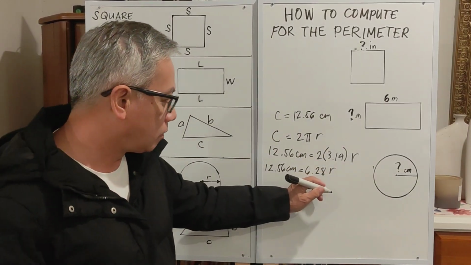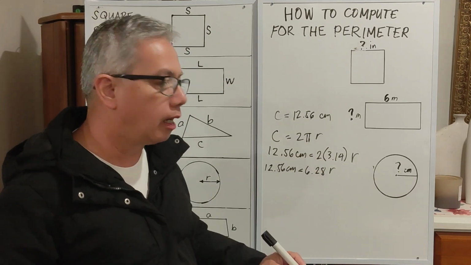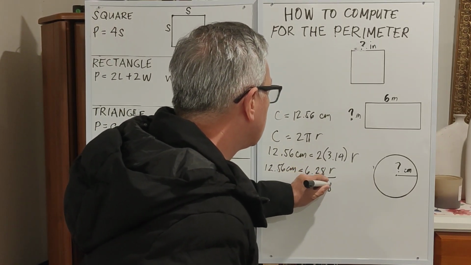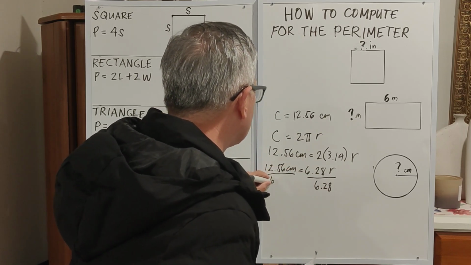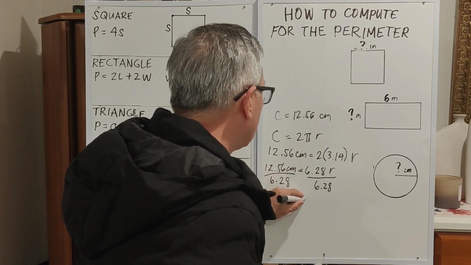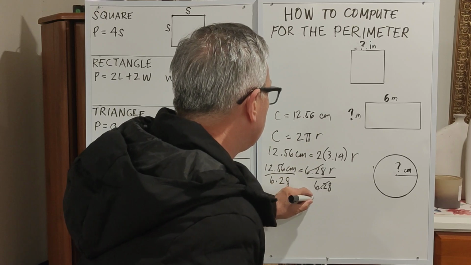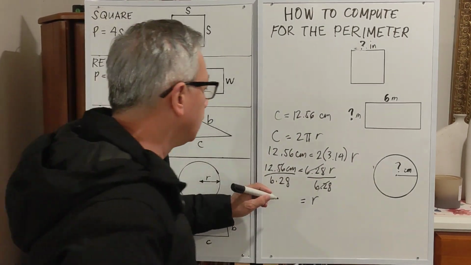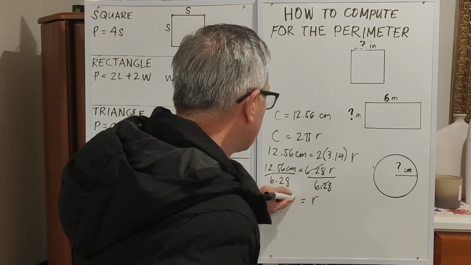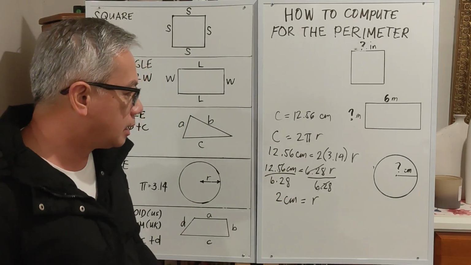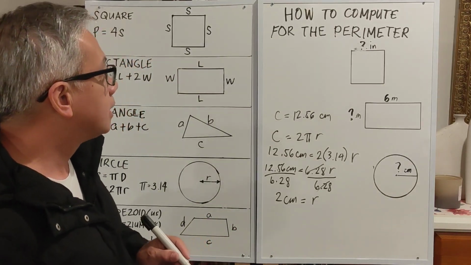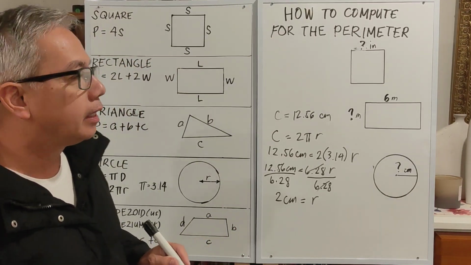We want to isolate r, so we divide by 6.28 and divide the other side by 6.28. This will cancel out, leaving r. If we divide 12.56 by 6.28, we get 2 centimeters. So that is the radius of the circle. And that's how to compute for the perimeter.